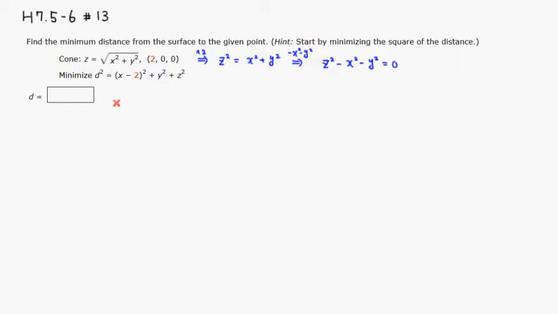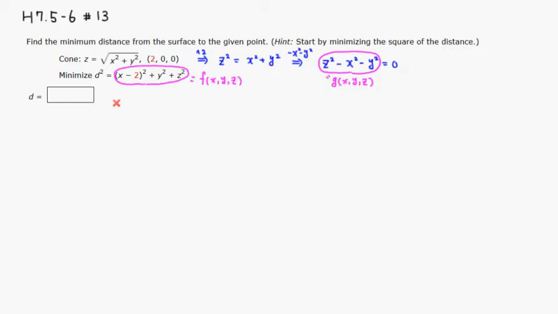This is our g of x, y, z. Then this is the function we want to optimize, so this is our f of x, y, z.